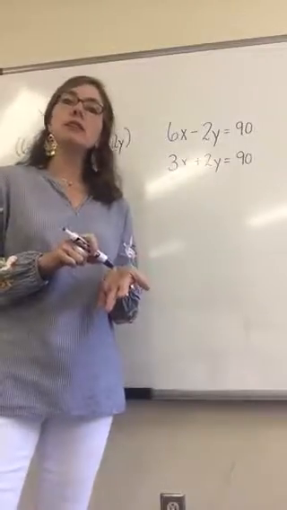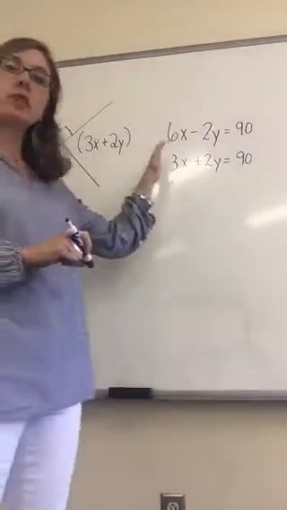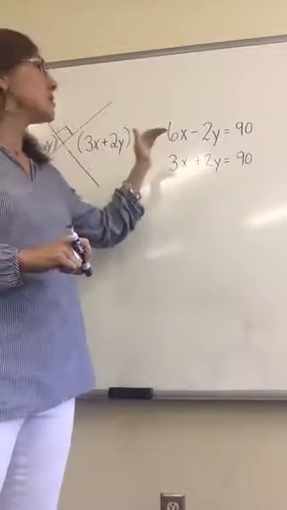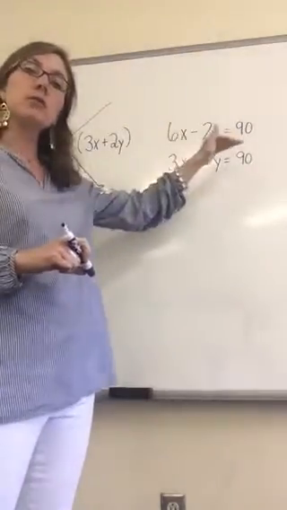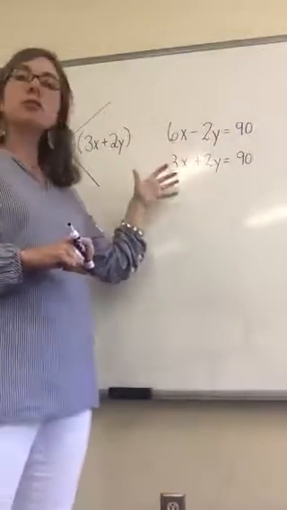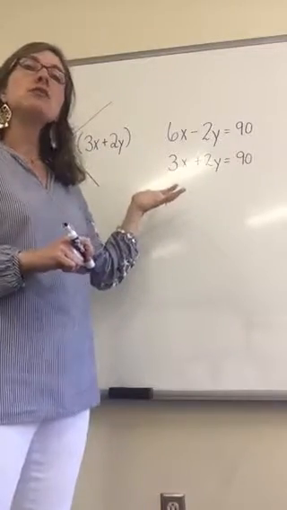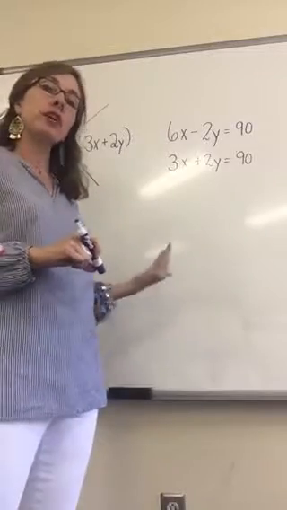The times that we use systems of equations are when we have an equation or a couple of equations with more than one variable. And so we can't simply solve for the value of that one variable because there are two variables in the equation. So what we're able to do in that case is put together more than one equation to start eliminating one of the variables and then solving for the other variable.